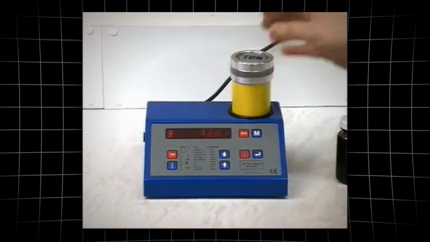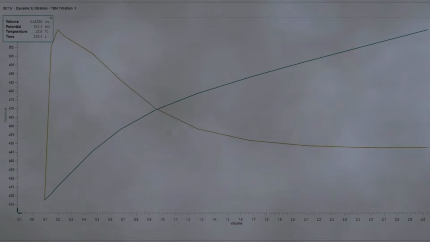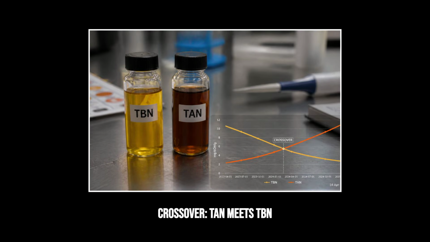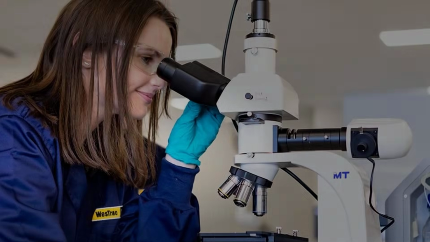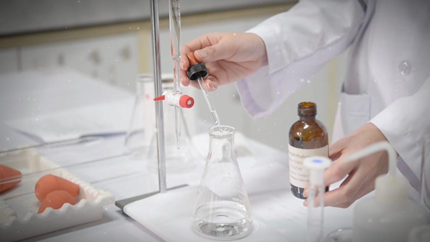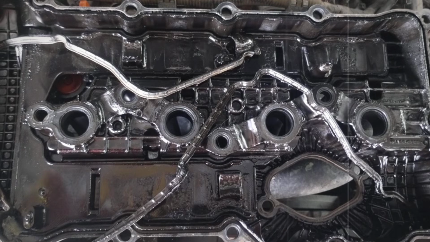Total base number falls as it consumes acid. Total acid number rises as oxidation byproducts and combustion acids accumulate. The point where total acid number rises to meet a falling total base number is called the crossover, and some engineers use that moment as an oil change trigger. The logic reads clean. Once the acid load equals the remaining neutralizing capacity, the buffer is effectively gone.